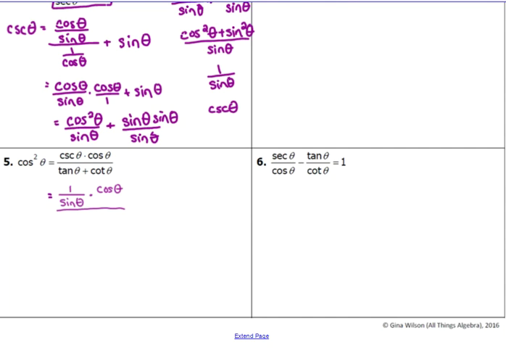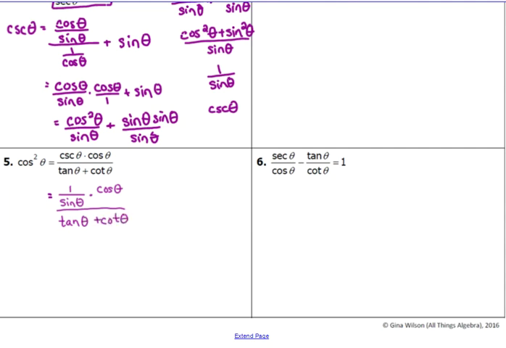I was just thinking there for a second, since that's cosine over sine. Just trying to decide if we do need to multiply by the conjugate. Actually, yeah, I think we are. Let's try it.